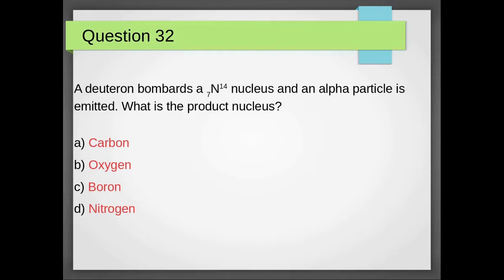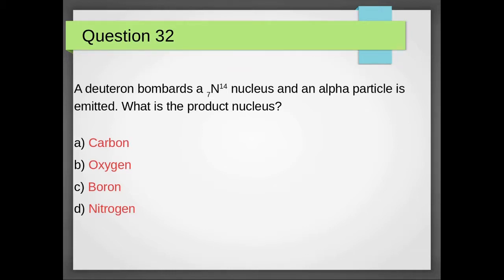Question 32. A deuteron bombards a N-14 nucleus, that's a nitrogen nucleus, and an alpha particle is emitted. What is the product nucleus?